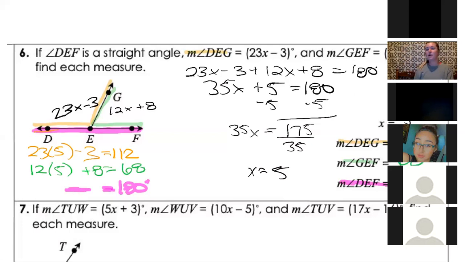If I took that 112 and added it to 68, together the orange and the green should both equal the pink, which is 180. So 112 plus 68 actually gives us 180, so that is positive news.